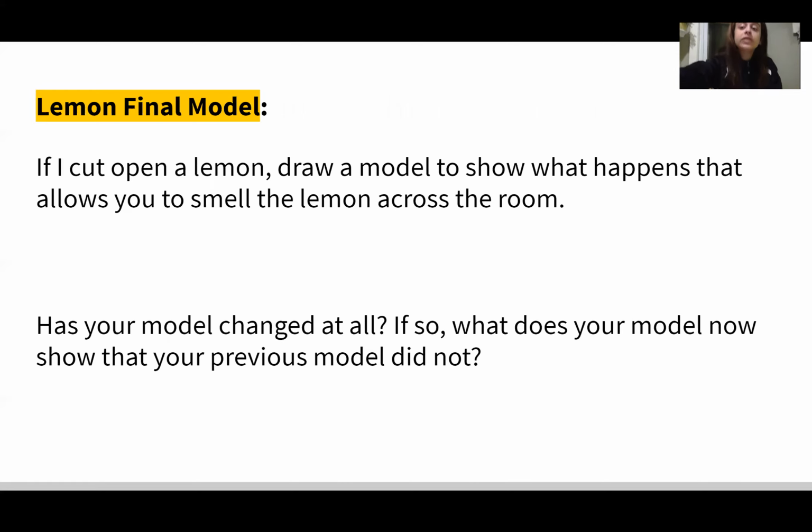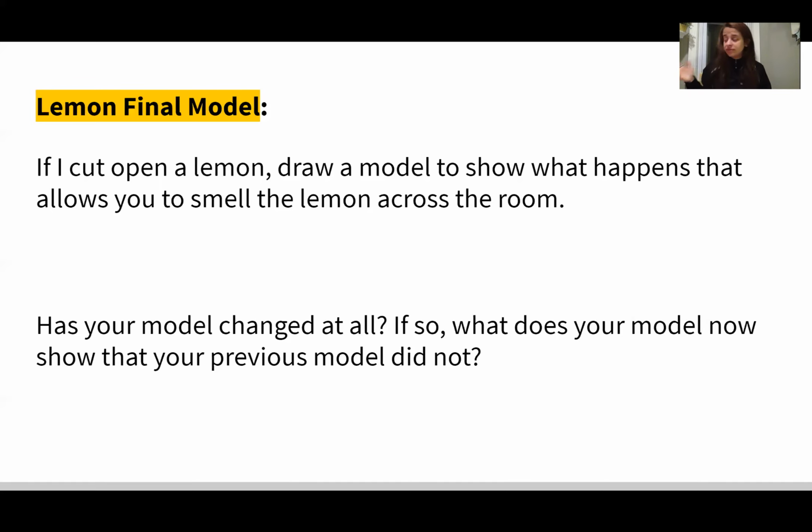Okay, so now that we've done our little experiment with the two different temperatures of water and the same color food dye, let's go back to our lemon model. So draw a model to show what happens again. In light of what we just learned about temperature and how stuff is carried, draw another model about how you think that lemon that's cut across the room would get to you.